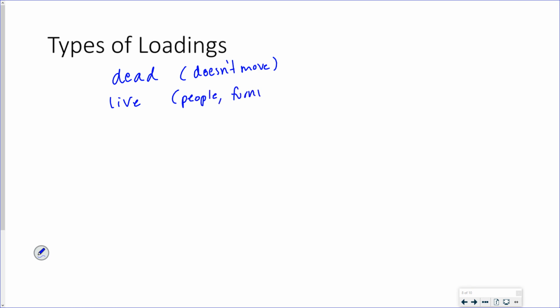Different types of loadings. We've talked about it, right? We talked about this in structural analysis. We have our dead, which is everything that doesn't move. Live, that means it moves, so it's like people, furniture.